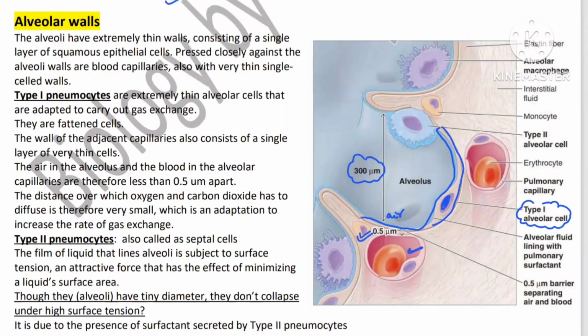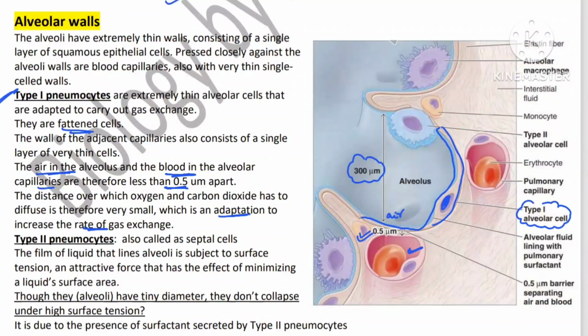That is why diffusion occurs very easily. So type 1 pneumocytes are flat cells, okay, and they are made up of only one layer. The air in the alveoli and the blood in the alveolar capillaries are less than 5 micrometers apart, so the distance to be traveled is very small, and it is an adaptation to increase the rate of gaseous exchange.